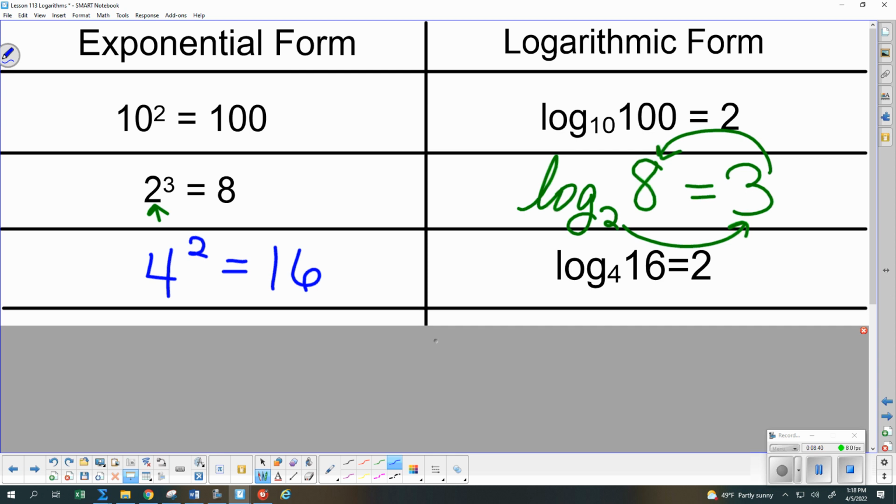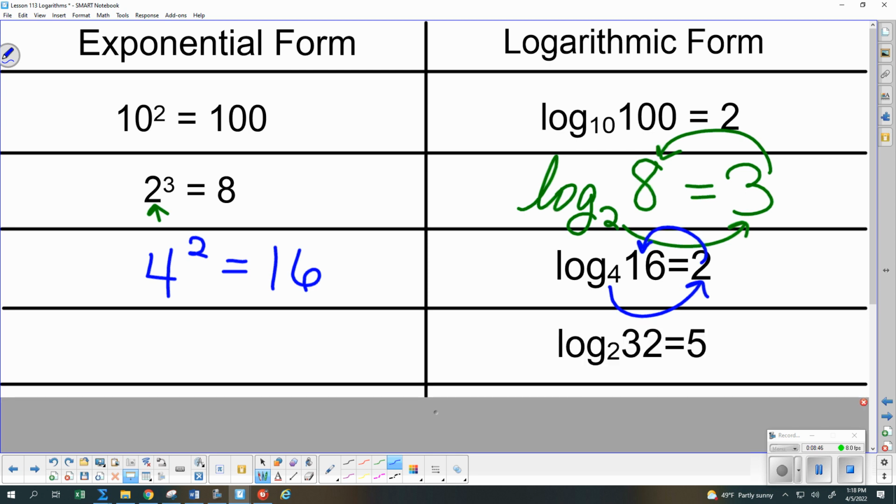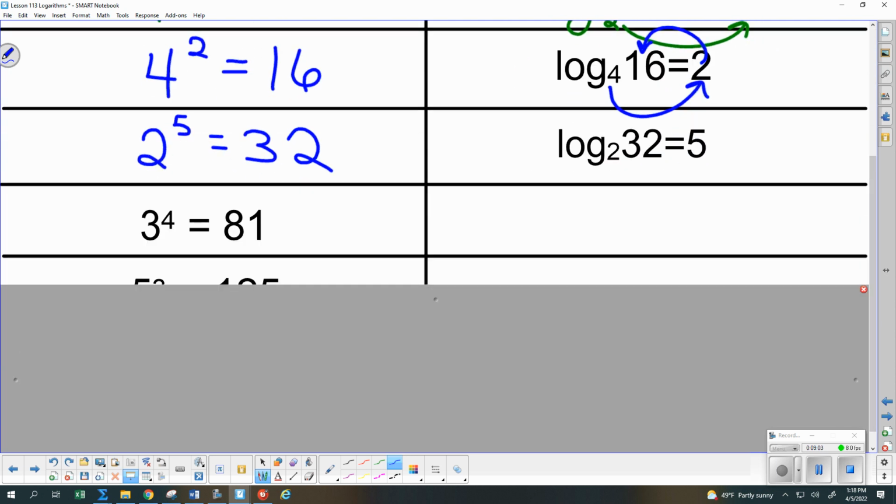So again, 4 stays the base, squared is 16. Okay, Addie, what about this one? Do you guys believe that? So far I'm doing pretty well. I've got true statements up here.